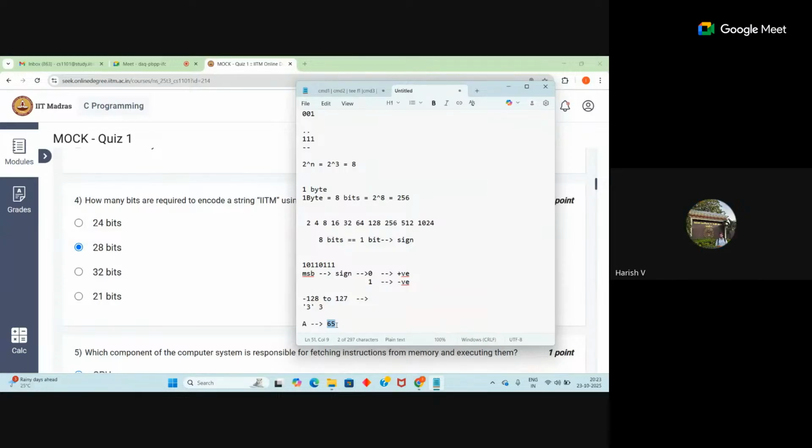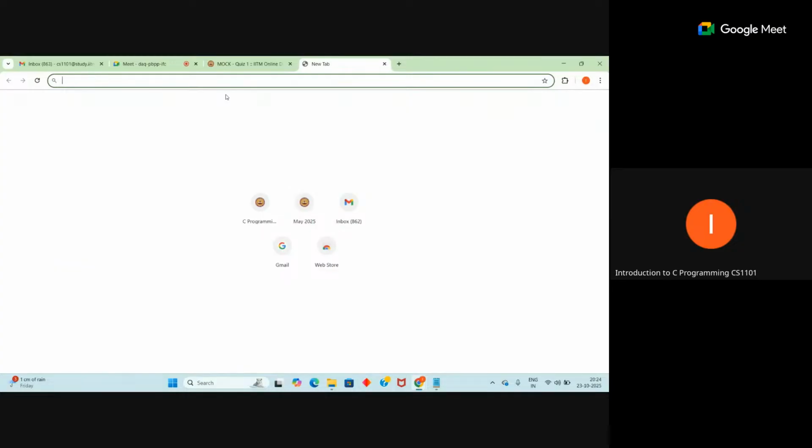Ma'am, is 65 an assumed value, or can it be taken from somewhere? You have an ASCII chart. In Google you type ASCII chart. In the ASCII chart, every character will have an integer equivalent code.